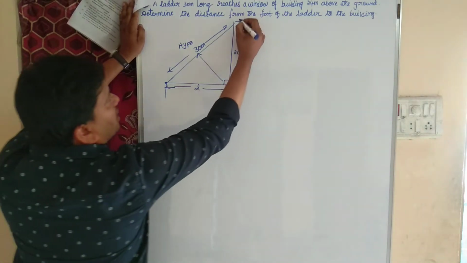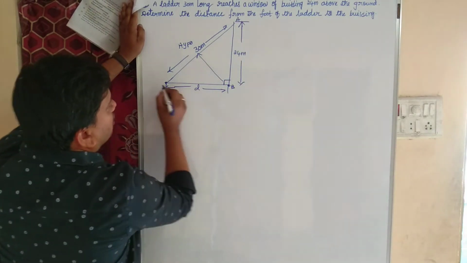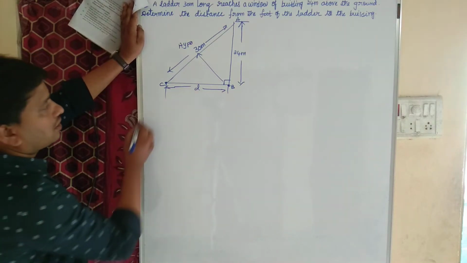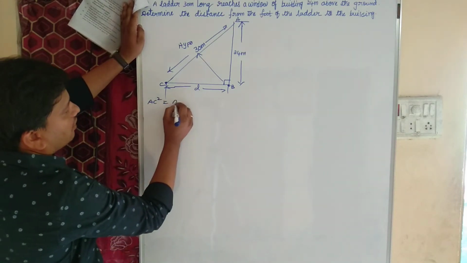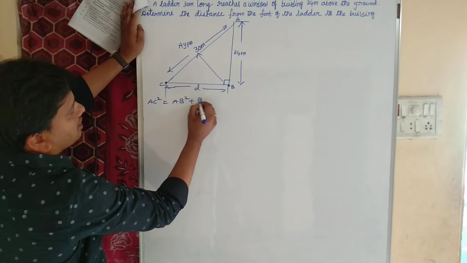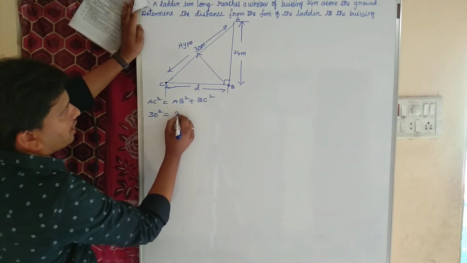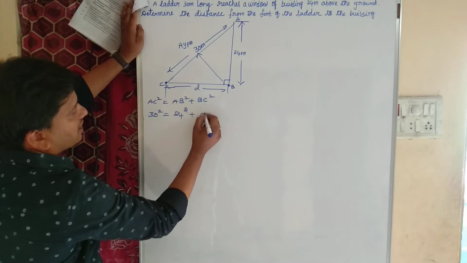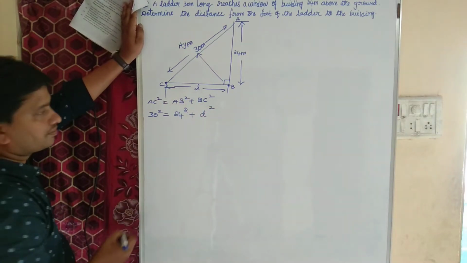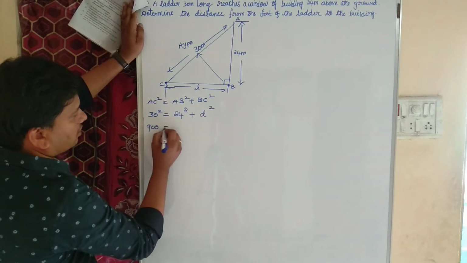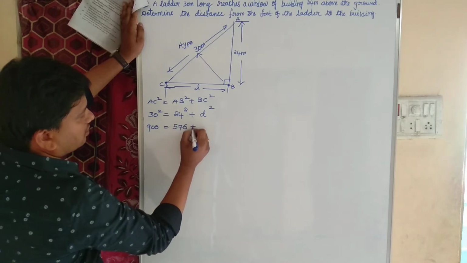By using the Pythagoras theorem, if I name the triangle ABC, AC square equals AB square plus BC square. AC is 30 square and AB is 24 square plus BC, I call it D. So 30 square is 900, 24 square is 576 plus D square.